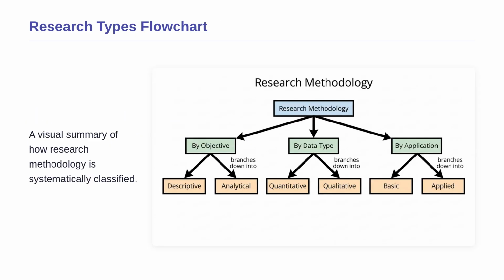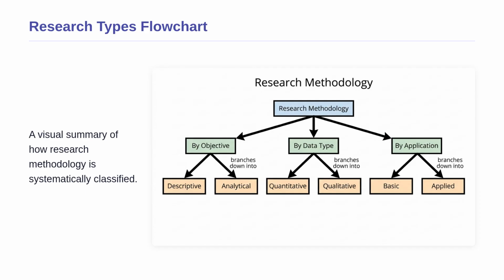Now that we have explored these concepts and calculations, let us look at how they all fit together in this flowchart. At the top, we have the broad field of research methodology. This branches into 3 main categorization strategies. On the left, we classify by objective, splitting into descriptive and analytical research.